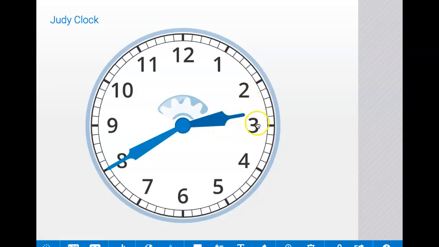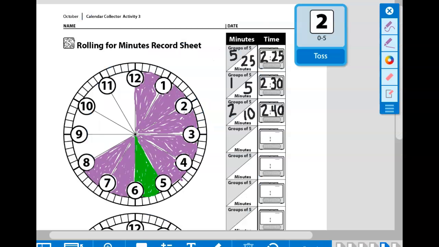2 and the 3. So let's see what our new time will be after we roll our dice today to collect more minutes. Let's roll our dice. We're going to collect 2 more groups of 5 minutes.